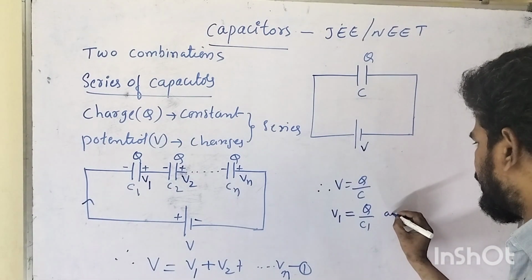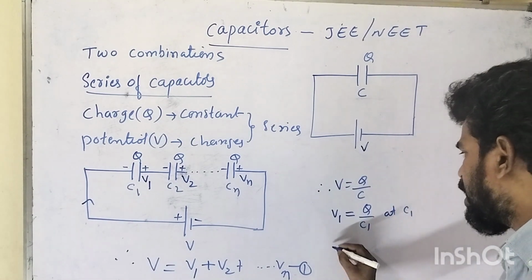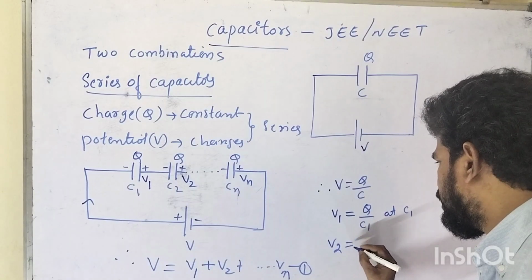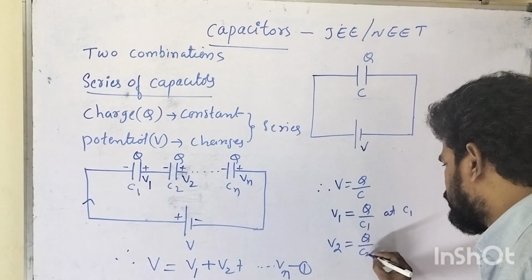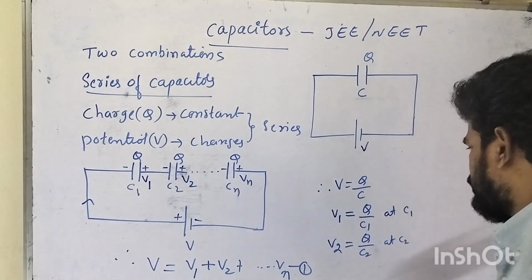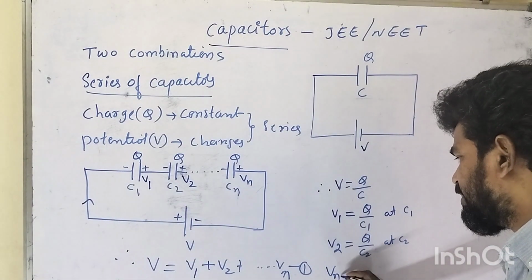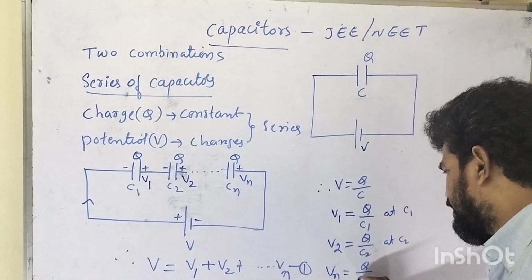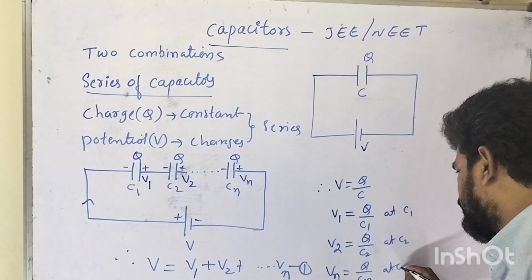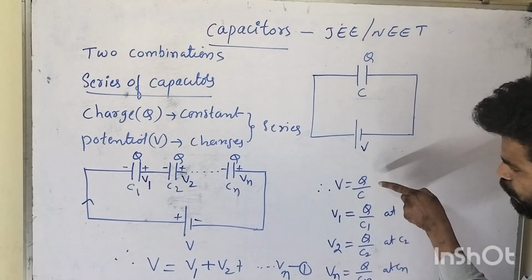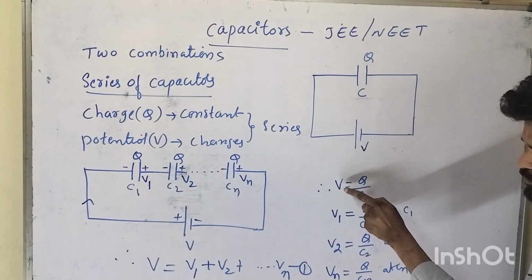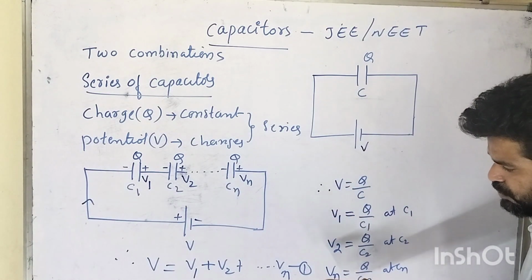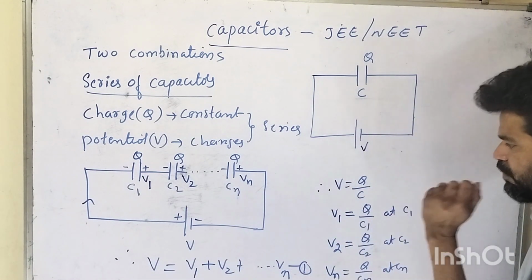The potential at the second capacitor, V2, equals Q by C2, and the potential at the nth capacitor, Vn, equals Q by Cn. Now these expressions for V, V1, V2 and Vn are substituted in equation 1.